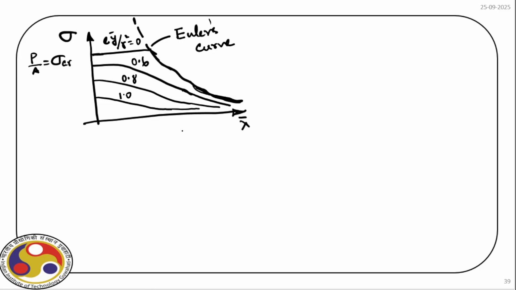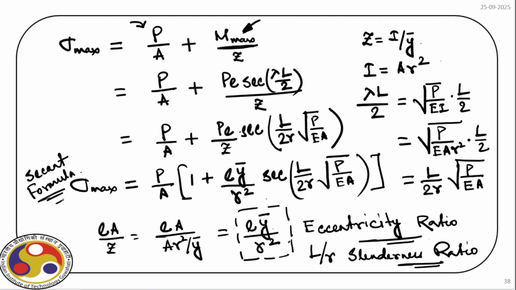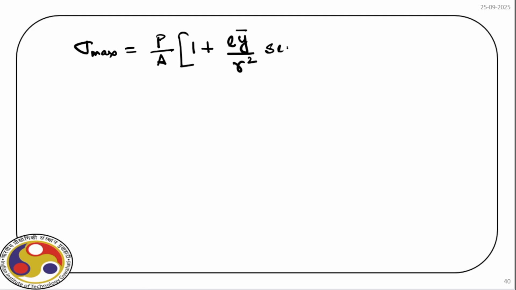Now if you look at the second expression, let me just write it again. So we have sigma max is equal to P by A within bracket 1 plus e y bar divided by r square sec L by twice r, square root of P by EA.